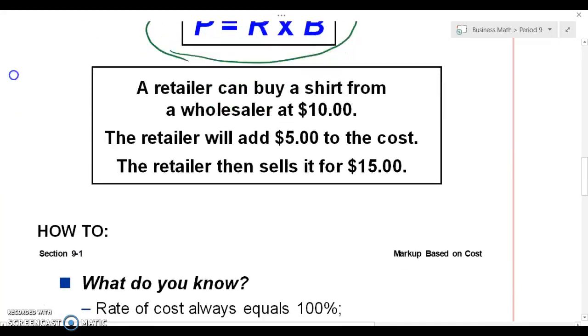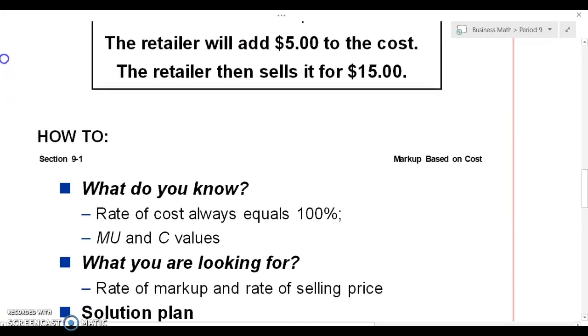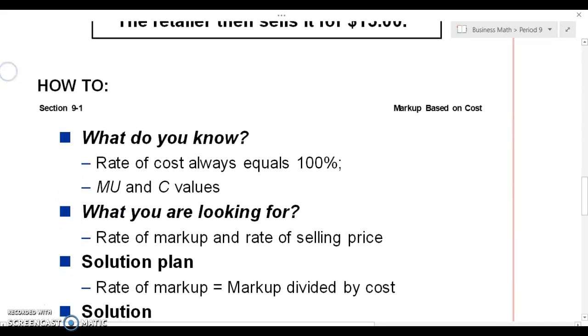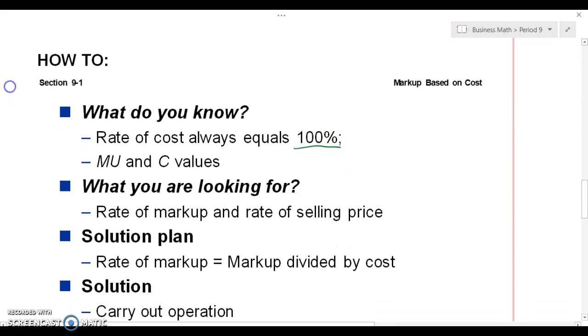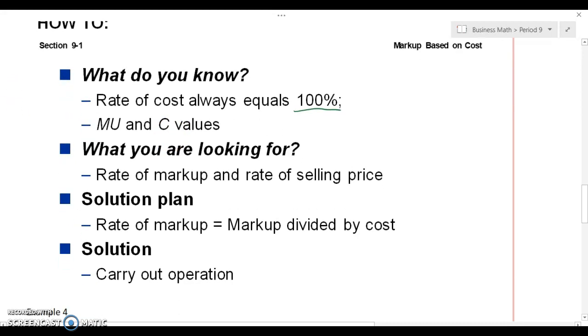They then sell it for $15. What do we know? Rate of cost always equals 100%. MU and C values, markup and cost values is what that says. What are we looking for? Rate of markup and the rate of selling price. Solution plan, rate of markup equals markup divided by cost.